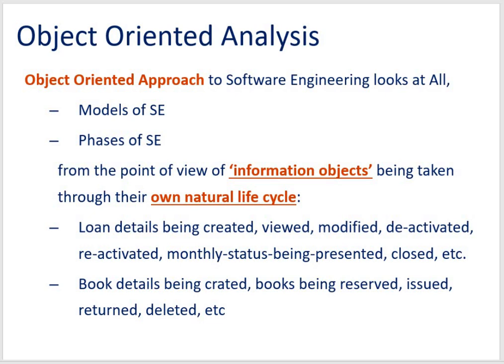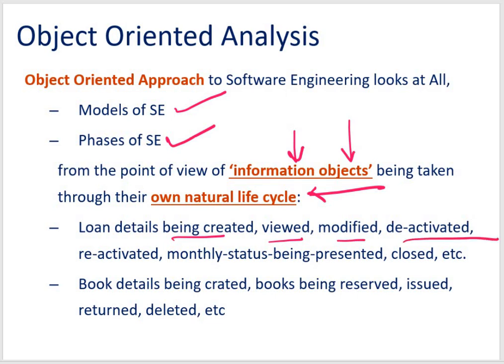Now, the object-oriented approach to software engineering looks at all the models and phases of software engineering from the viewpoint of the information objects being taken through their own natural life cycles, right? So we are talking about the life cycle of the objects. So loan details being created, viewed, modified, deactivated, reactivated, monthly status being produced, closed, that means the loan being closed, and so on and so forth.